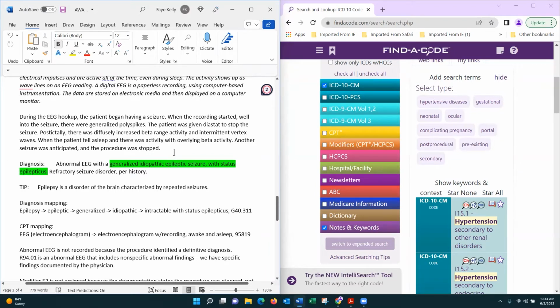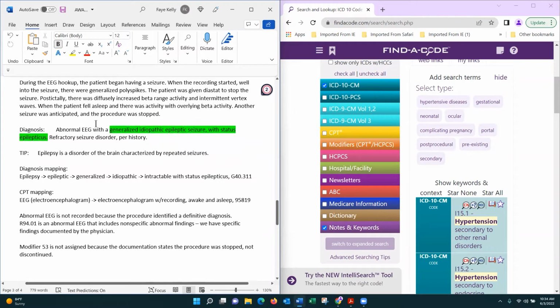All right, so we have a diagnosis here. It's an abnormal EEG with a generalized idiopathic epileptic seizure with status epilepticus. And this refractory seizure disorder, remember, that's just telling us that the medication the patient had been on was not successfully treating the seizure.